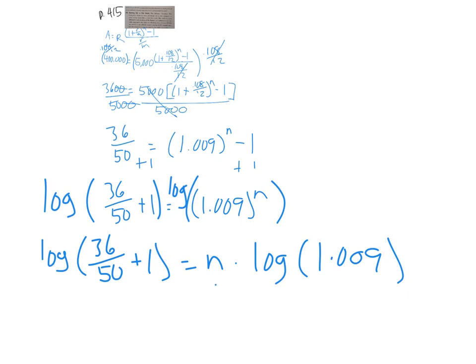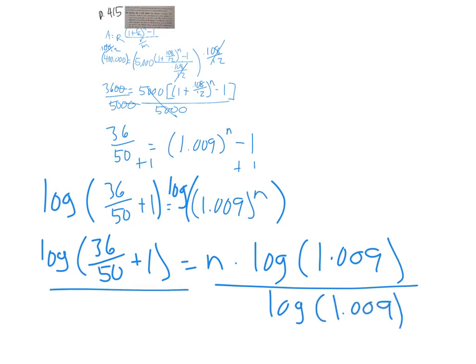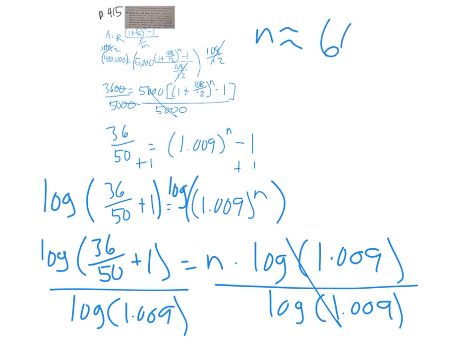Now all we have to do is get n by itself, which means we're going to divide by this log, which is just some number. They cancel out here, and if you throw these two logs in your calculator and divide them, you should get something like 60.53.